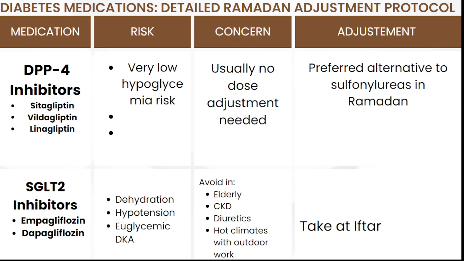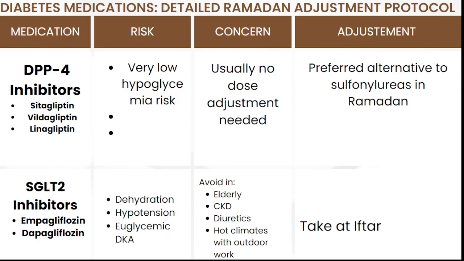And also sodium glucose cotransporter inhibitors like empagliflozin and dapagliflozin. This group also has low hypoglycemic risk, but it has other risks, like it can cause dehydration, hypotension and euglycemic DKA.